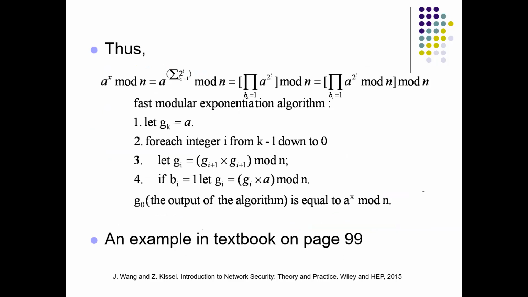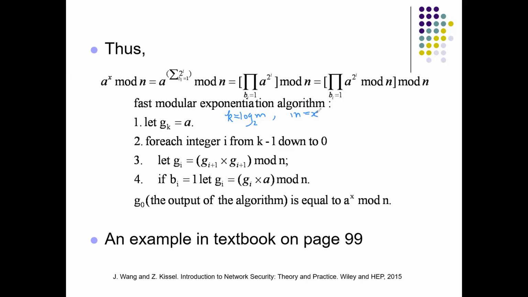So the algorithm is this. We first let k be log m with base 2. In this slide I use x as m, so here m is equal to x.